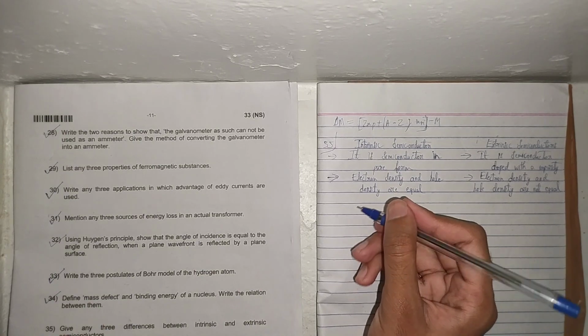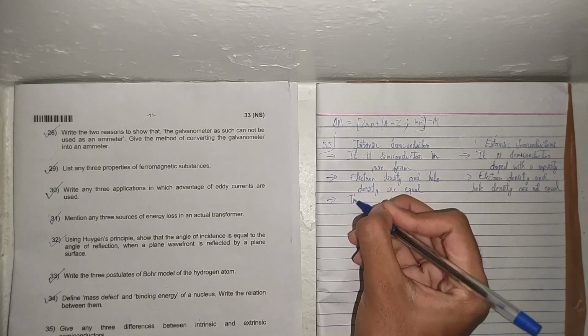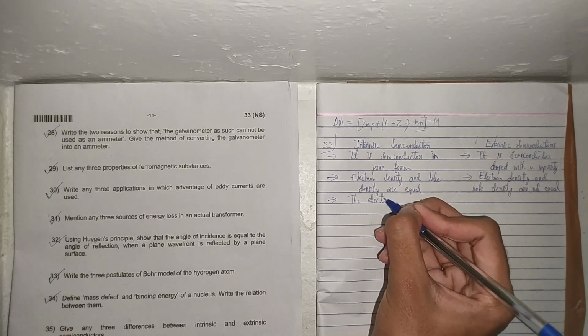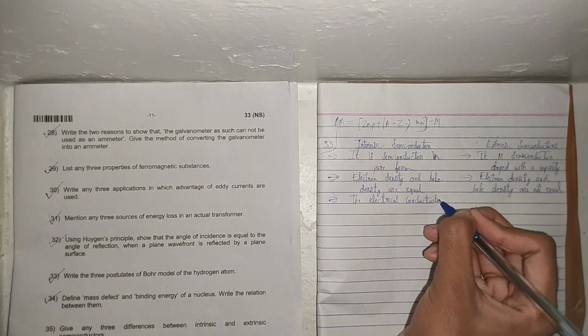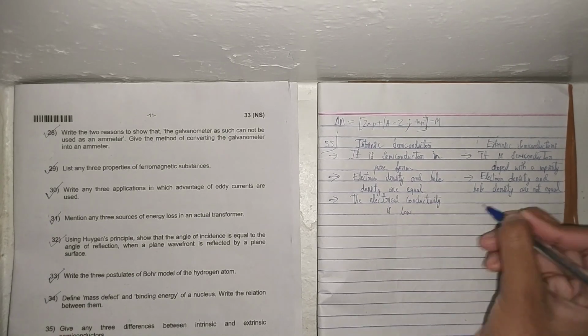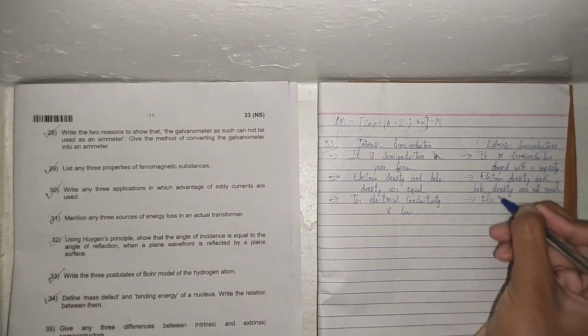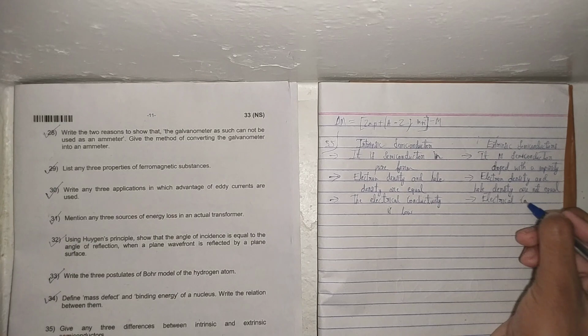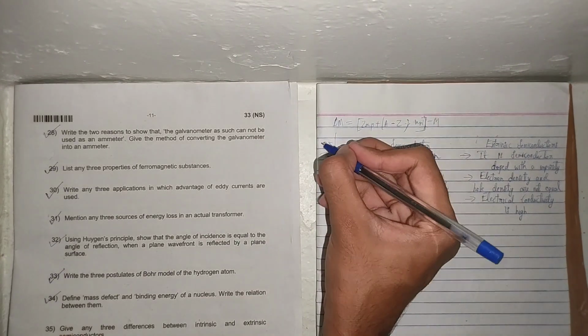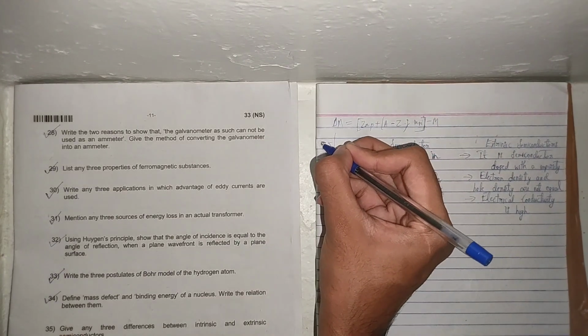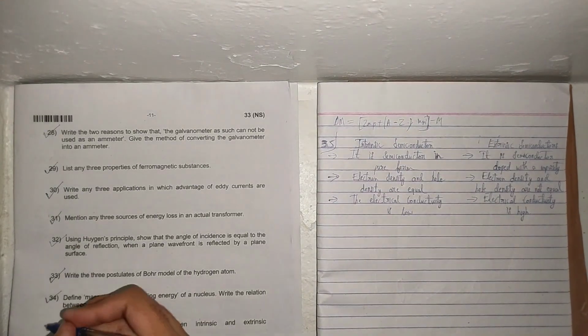The electrical conductivity is low in intrinsic, and the electrical conductivity is high in extrinsic. So these are the differences between intrinsic and extrinsic semiconductors. So question 35 is done.